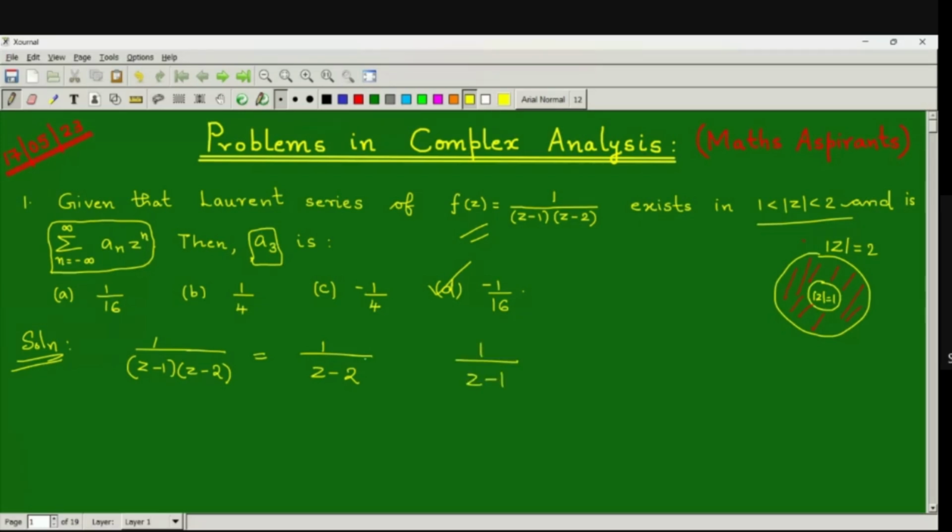This will be some combination of these, right? So instead of putting this as a by something plus b by something, then doing the entire calculation, it is better to write it like this and then find out. Let me give a plus. Then z minus 1 plus z minus 2 is not going to work, right? Here we need a minus. So the numerator is 1 and the denominator is the product.